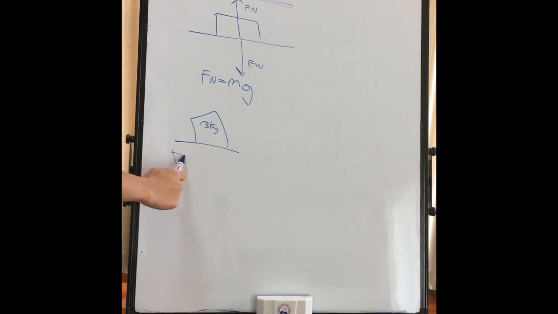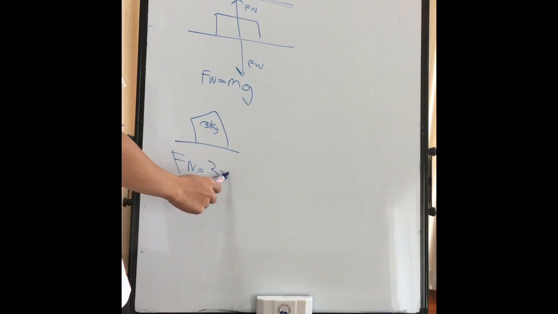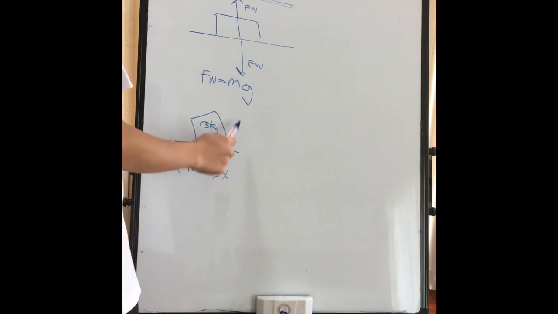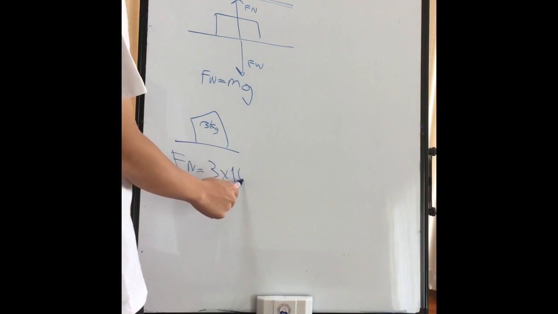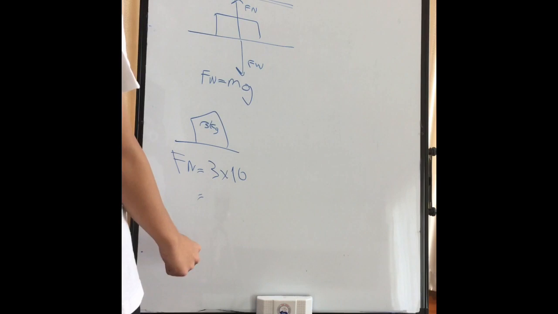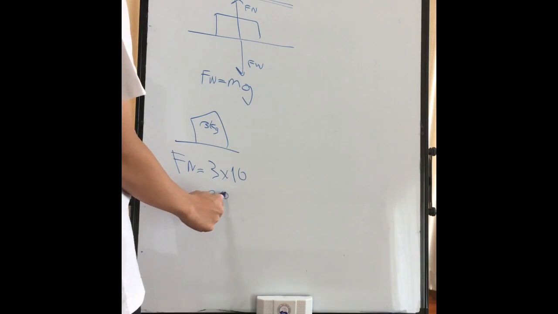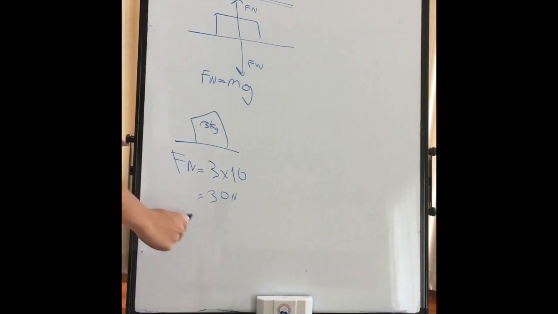So we take mass 3 multiplied by g, which is 10. So we get 30 Newton. So the normal force is 30 Newton.